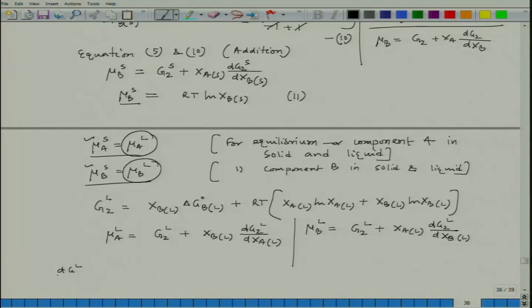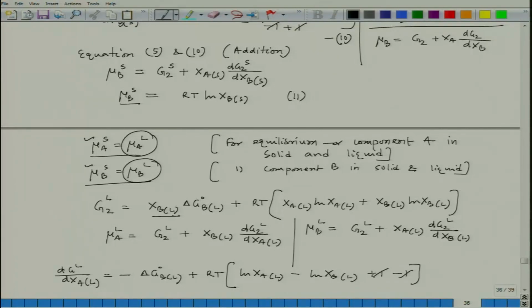Now, dG2L by dXBL equal to, since this is in terms of B, so it would be minus delta G0 BL plus RT ln XAL minus ln XBL plus 1 minus 1.